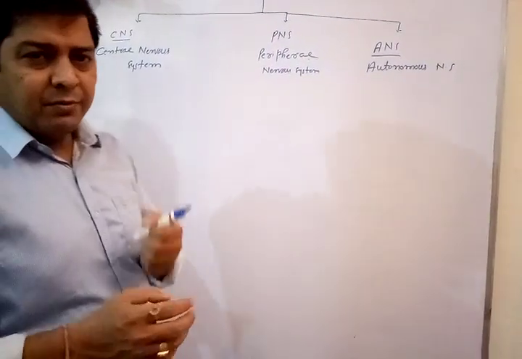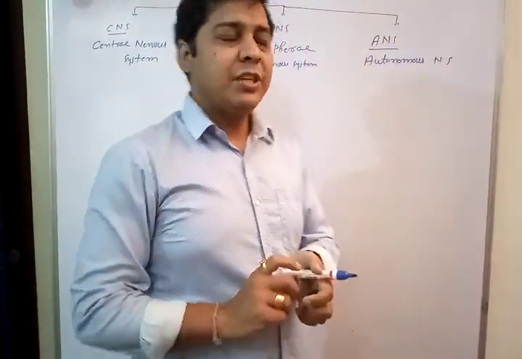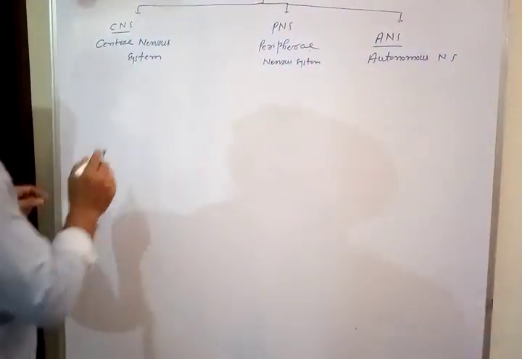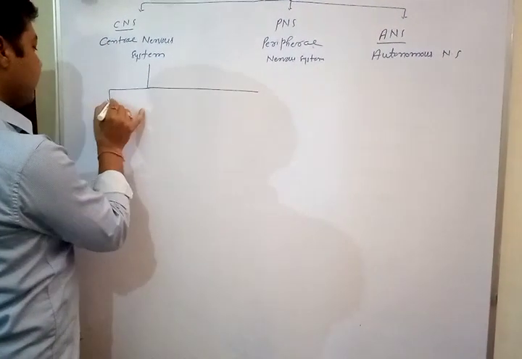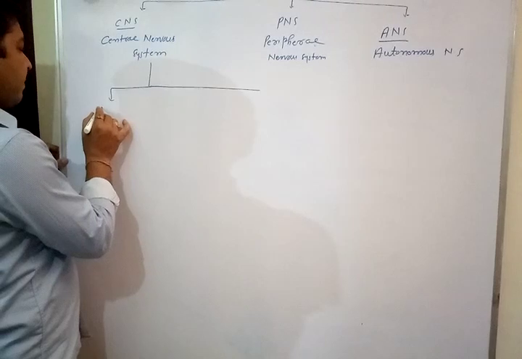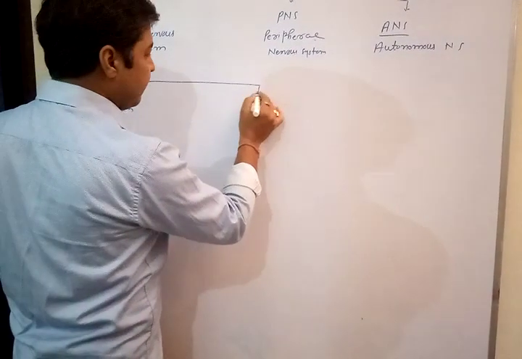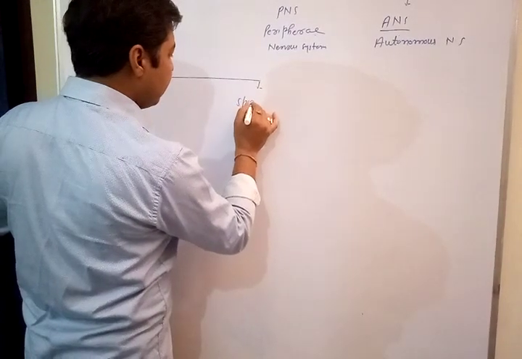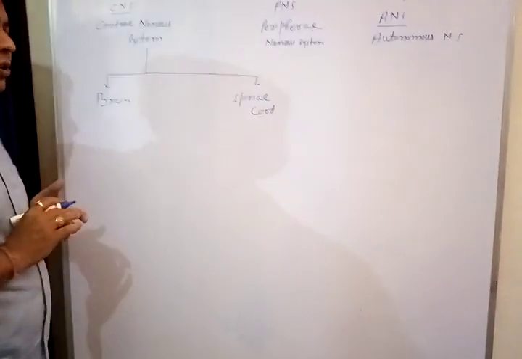The central nervous system is the one passing through the center of the body. On the basis of position, the central nervous system is further classified into two groups that we need to study: brain and spinal cord. Brain and spinal cord.